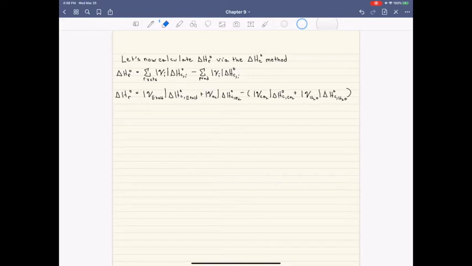And I mentioned this in the enthalpy of combustion reaction video: when you're doing the enthalpy of combustion method, if any of your species are typical combustion reaction products, so CO2, H2O, or O2, you can say that their enthalpy of combustion is just equal to 0.